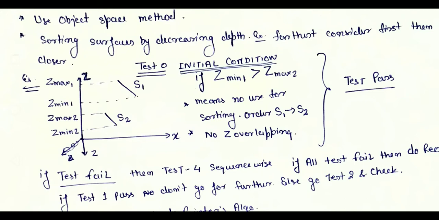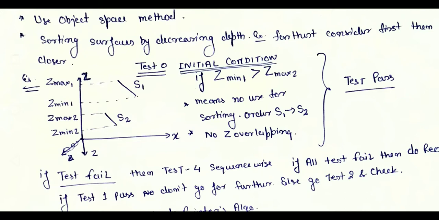Here you have to check the end points of S1 and S2. On the Z axis, for the S1 surface you have Z minimum 1 and Z maximum 1, and the same for S2, Z minimum 2 and Z maximum 2.